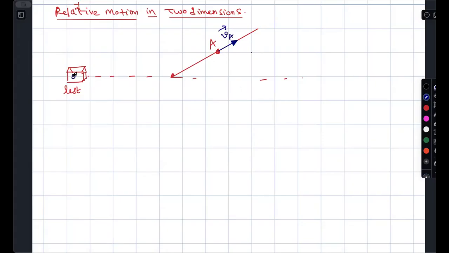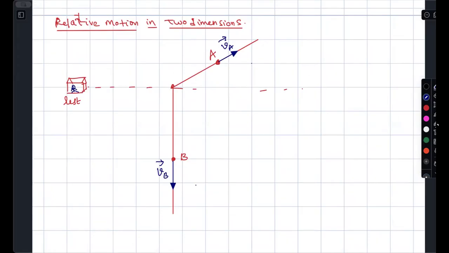This is as observed by an observer who is sitting in this house. There is another observer B who is moving in this direction like this. This is VB bar. All these observations are with respect to an observer at rest.